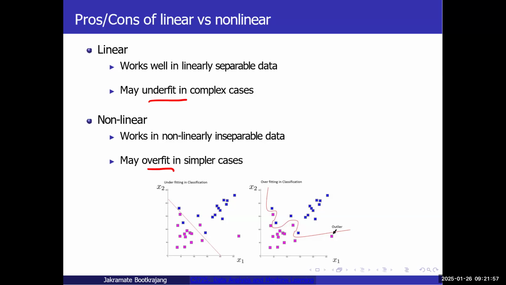Well, in research, you actually try everything. What I mean by try everything, in most cases, you start with a linear function. You start with something very simple, and this simple classifier will become your baseline.